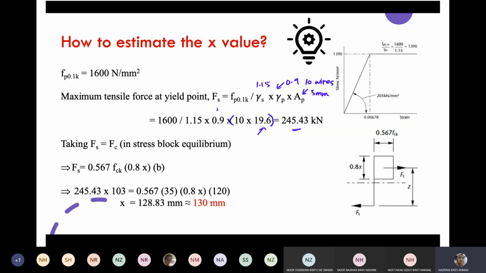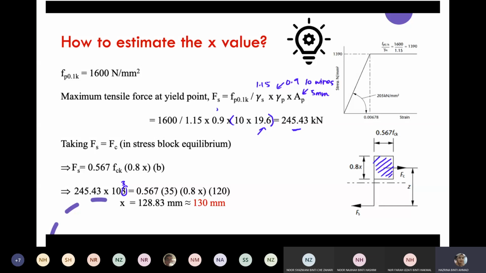Then taking Fs equals Fc, within the stress block equilibrium, we calculate here. This is supposed to be 10 to the power of 3. So Fc is equal to 0.567 fck times 0.8x times b. This is the Fc equation, whereby we are considering the area of this stress block.